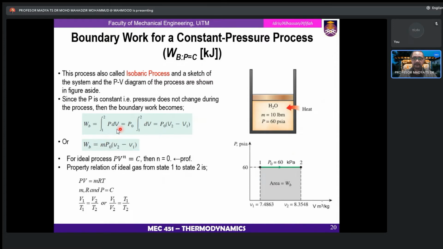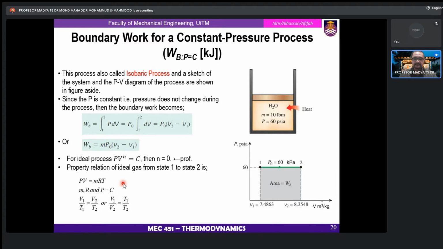From here, only the volume changes. So for dV we can put V2 minus V1, and the boundary work W_b is equal to P delta V. For the ideal process of an ideal gas, PV to the power n equals C, then n is equal to 0.